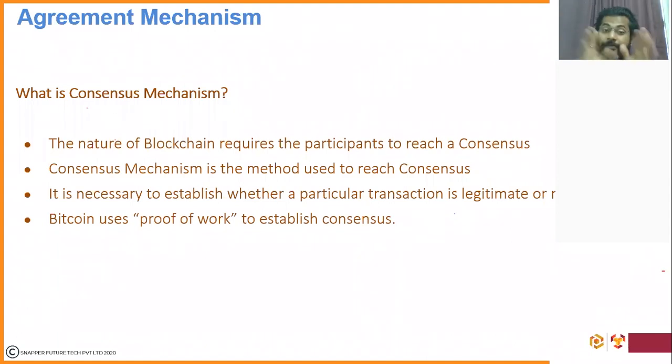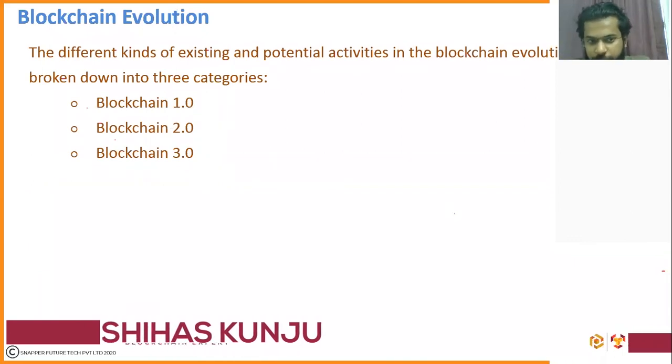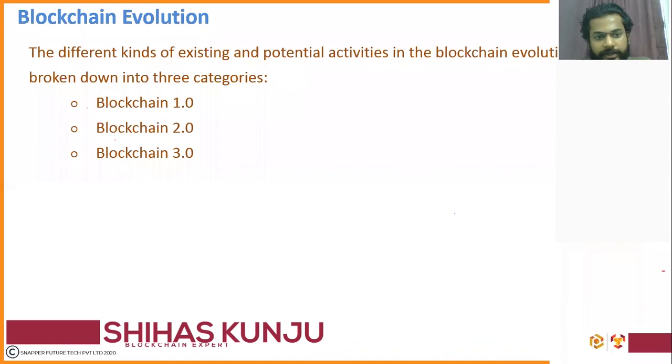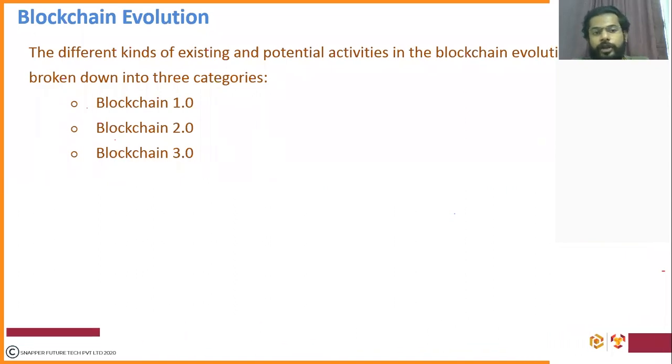In the case of Bitcoin it's proof of work, and the majority of blockchains follow proof of work. Okay, so let me tell you what the evolution was. The first evolution: 1.0 was all about cryptocurrency, that is Bitcoin. Agreed? Obviously it started with Bitcoin, so obviously it is 1.0. What happened in 2.0? Anyone can tell me? I covered it a little in the history.